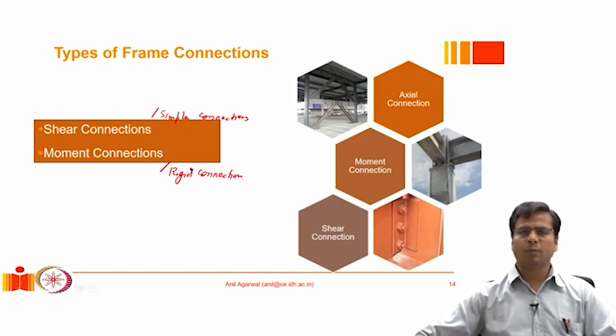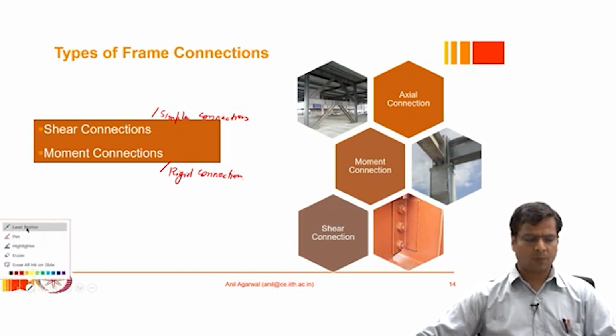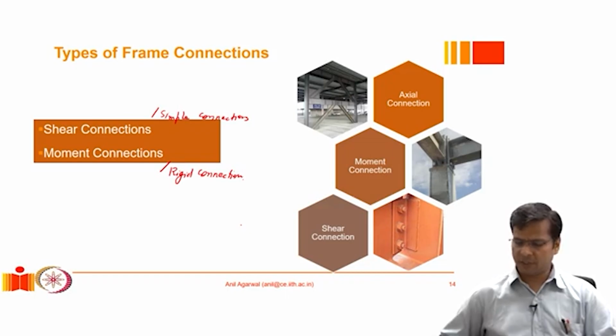So why is a frame with a moment connection able to resist lateral loads, but a frame with shear connections is not able to resist the lateral loads? We can see it very easily through this visualization. I will draw a small schematic here. Imagine that we have a portal frame, and let's say the base is pinned.